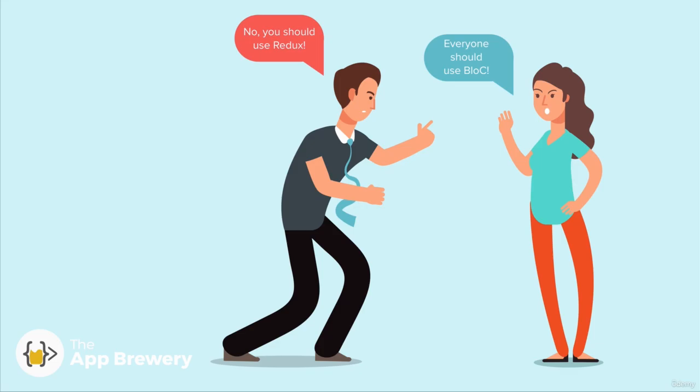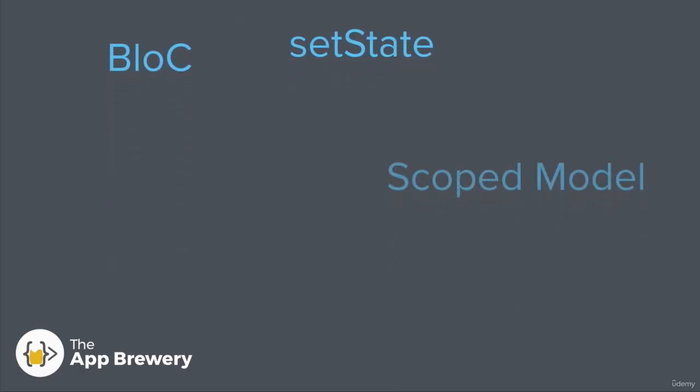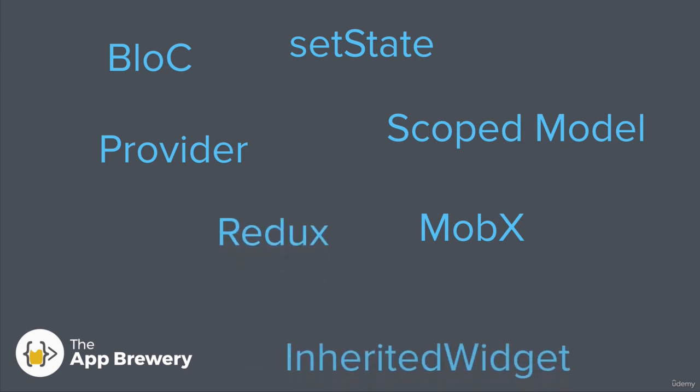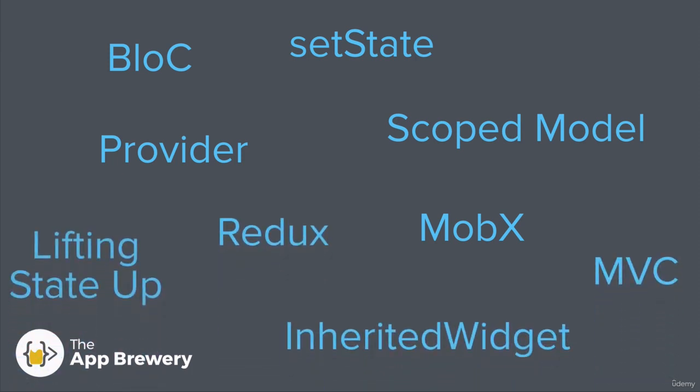Because even if we're just talking about Flutter, there's a lot of ways that you could manage the state. And you might hear these words brandished about: scoped model, provider, BLoC, Redux, MobX. And similar to how people who start learning programming always ask, well, what's the best programming language to learn?